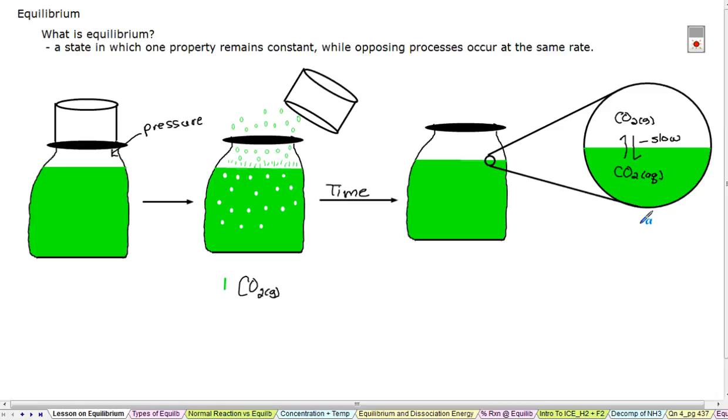So that process is very slow. So in the change of state from aqueous to gas, the equilibrium is much more favored towards going from dissolved carbon dioxide into gaseous carbon dioxide.